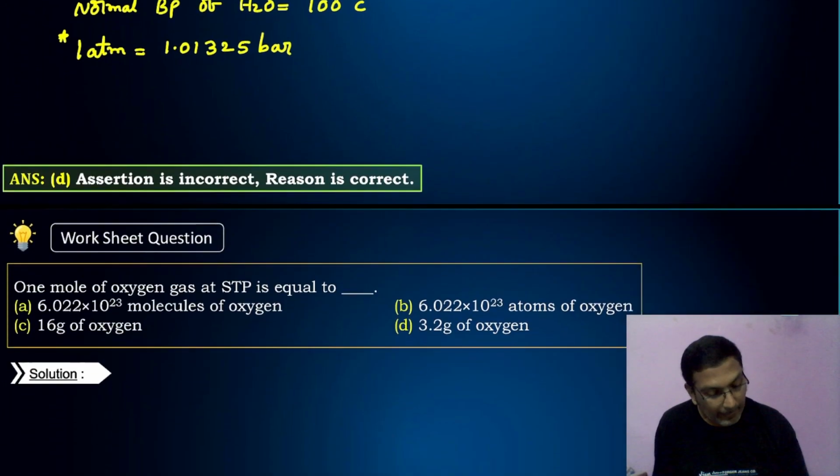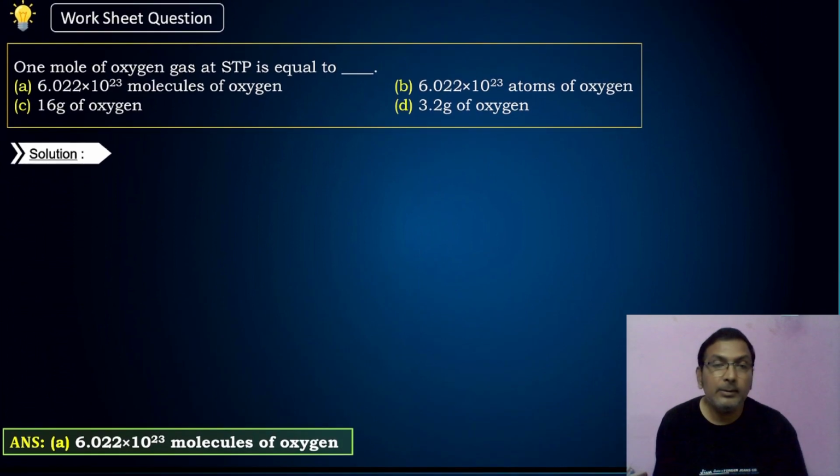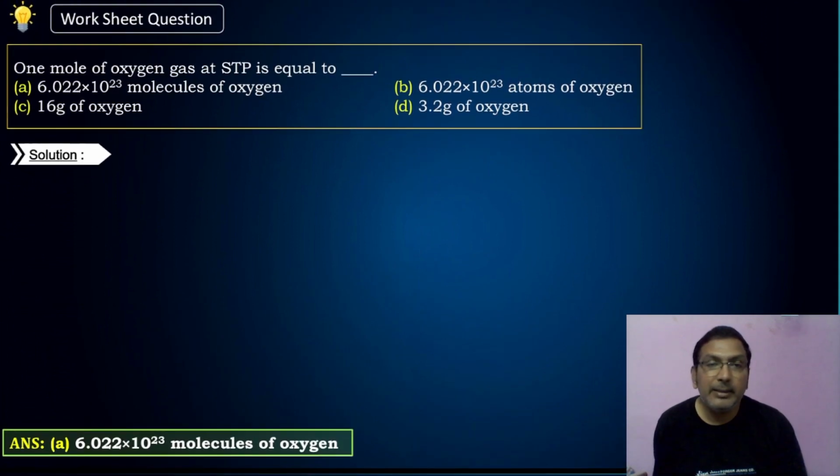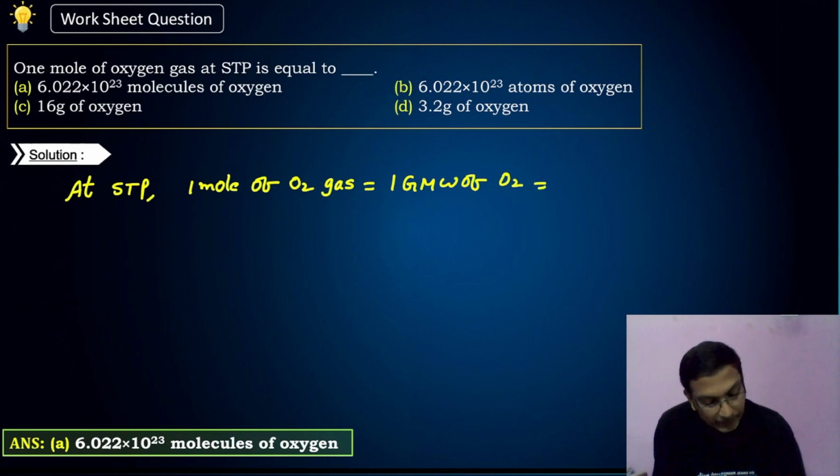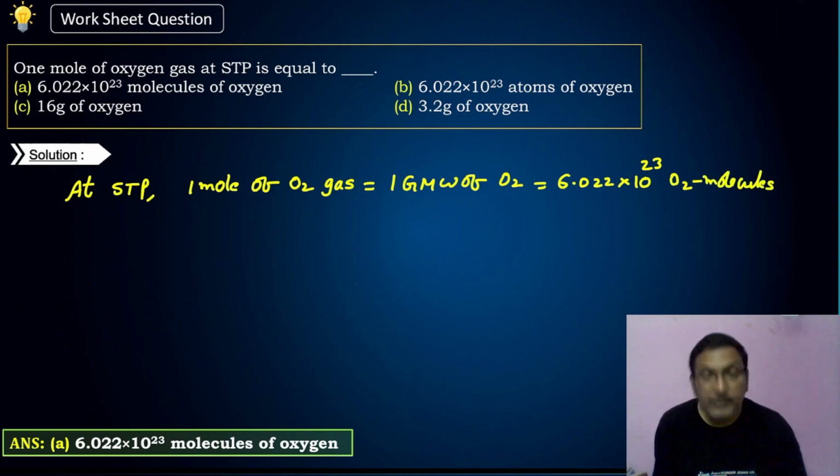Next. 1 mole of oxygen gas at STP conditions equals 1 gram molecular weight of oxygen, which contains 6.022 into 10 power 23 O2 molecules. This is standard condition.